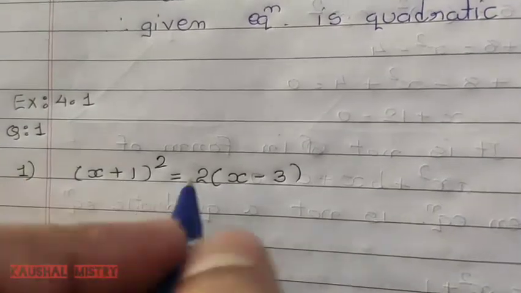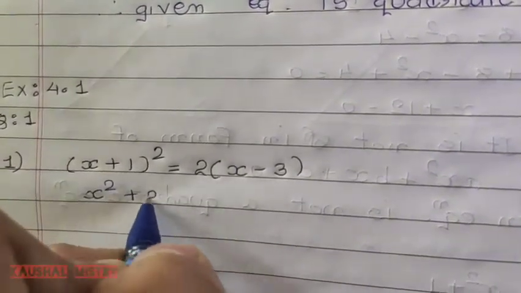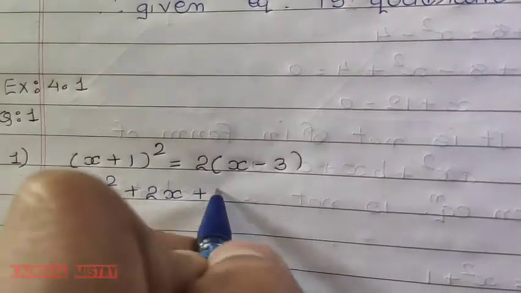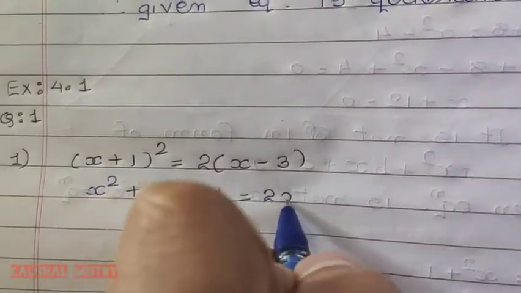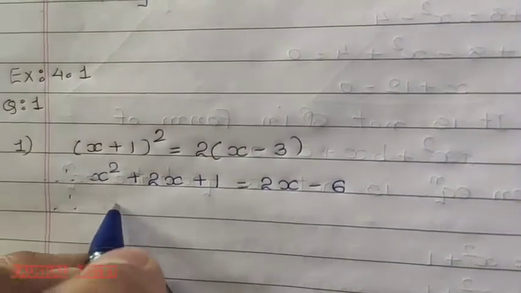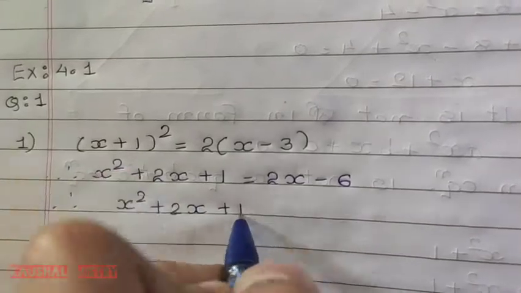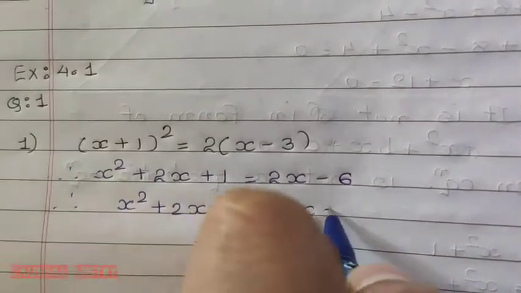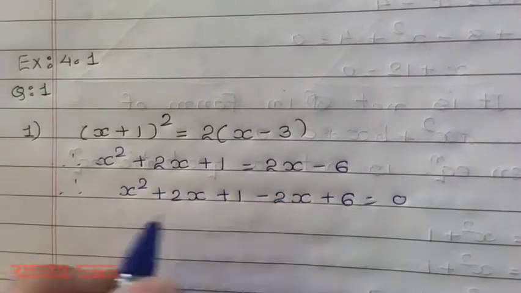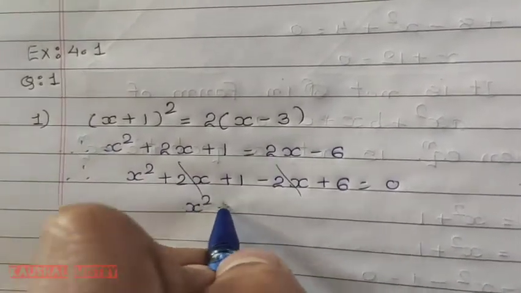Now x plus 1 whole square is x square plus 2x plus 1, and here it is 2x minus 6, therefore it is x square plus 2x plus 1 minus 2x plus 6 is equal to 0. This 2x and 2x will get cancelled, so it is x square plus 7.